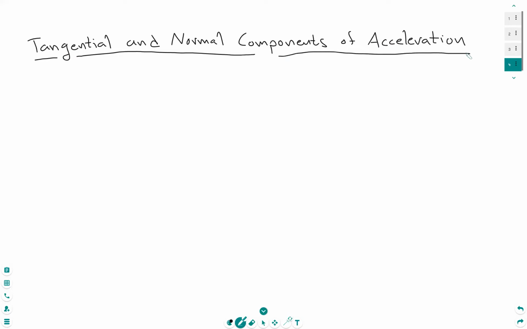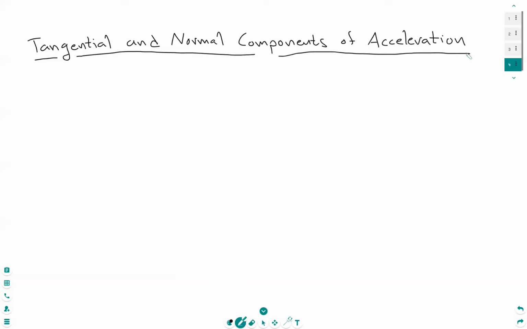All right, so before we dive in, let's remind ourselves what these tangential and normal components of acceleration are. So imagine you're driving in a car, and you're coming up to a turn. You're going around this bend. Your car feels some acceleration. If you're stepping harder on the pedal, you're trying to speed up or slow down around this bend. Your car will feel acceleration in the direction that it's currently headed.